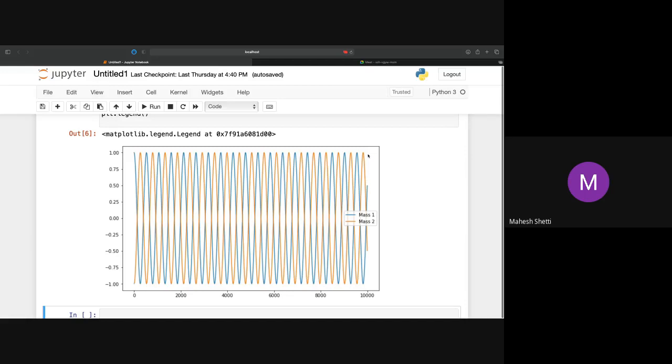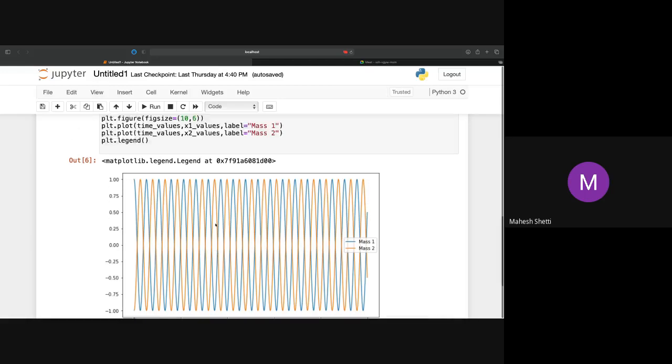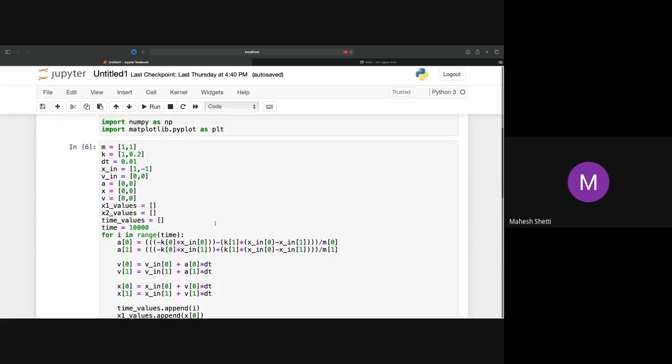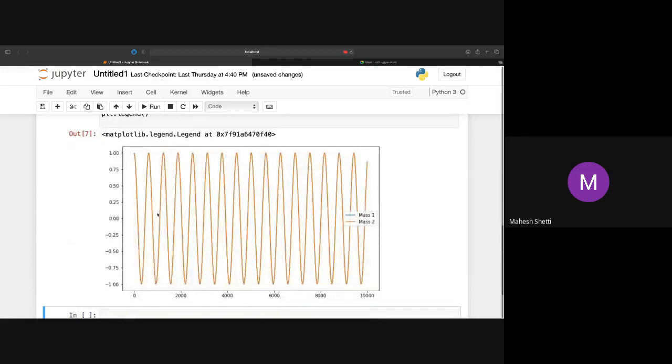Now go back and give the symmetric conditions: X1 is also 1 and X2 is also 1. And run this.